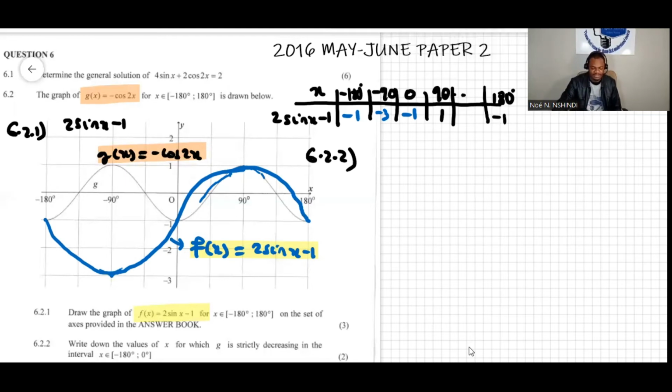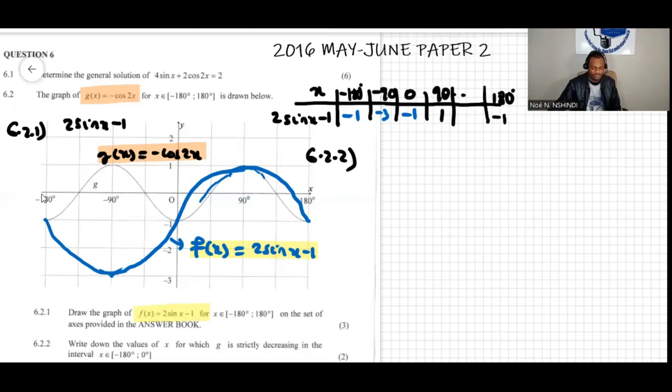G of x is the graph, this graph here. So the interval -180 to 0 degrees is from here to here.